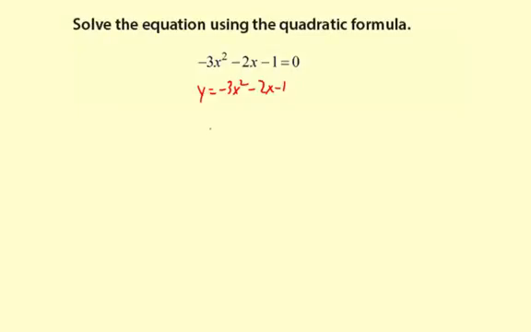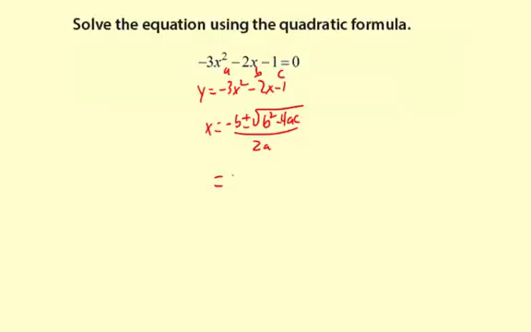So the quadratic formula is x equals negative b plus or minus the square root of b squared minus 4ac, all over 2a. So for a we have negative 3, b we have negative 2, c negative 1. So they're all negative this time.